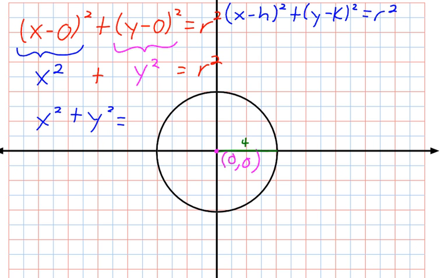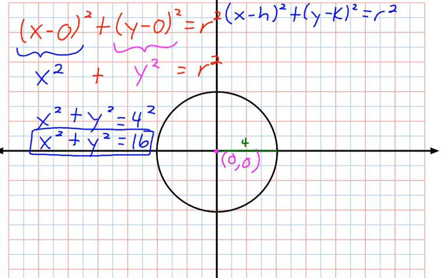So I would have 4 squared. Now to simplify that a little bit, you could leave it as 4 squared, that's perfectly acceptable, or we can go ahead and calculate that out, and we will get the equation x squared plus y squared is equal to 16.